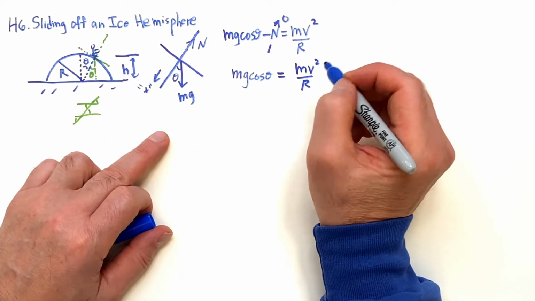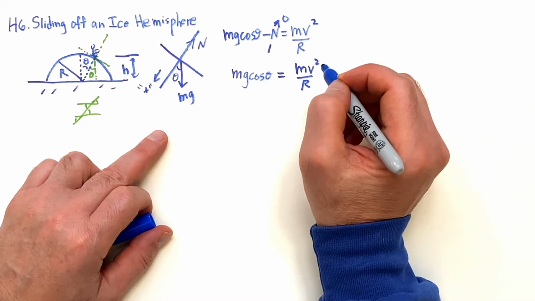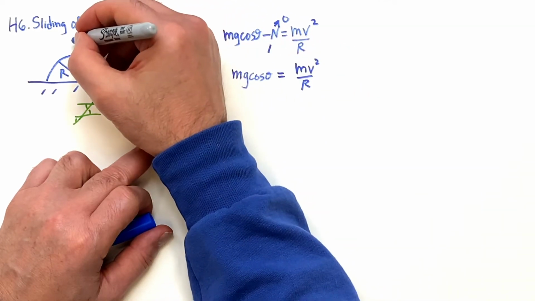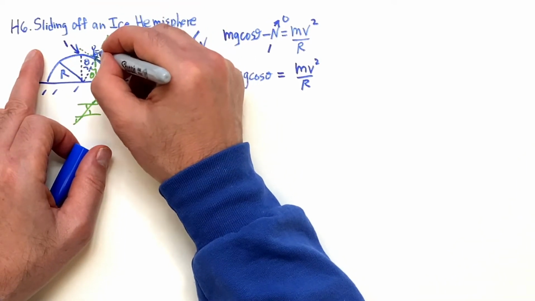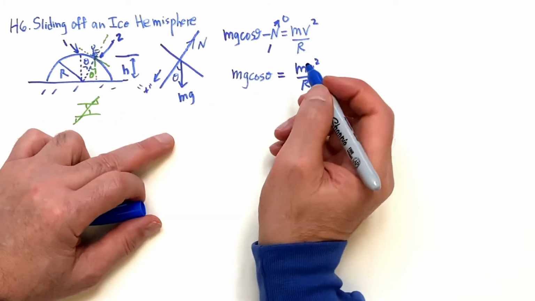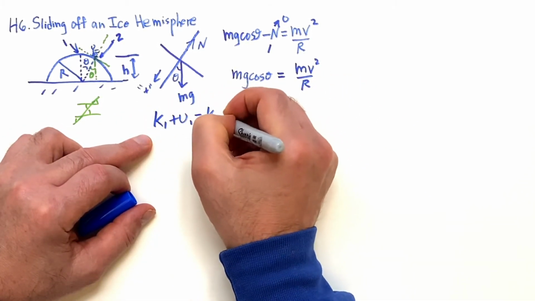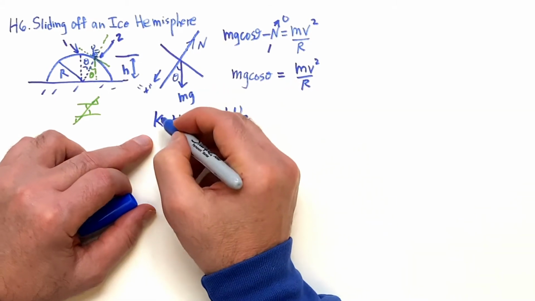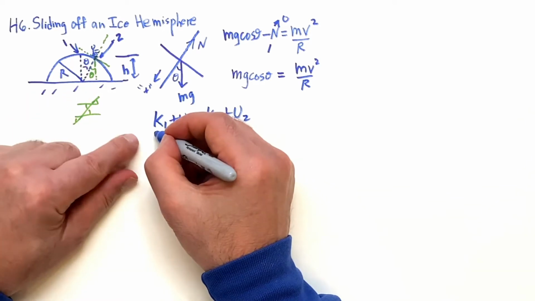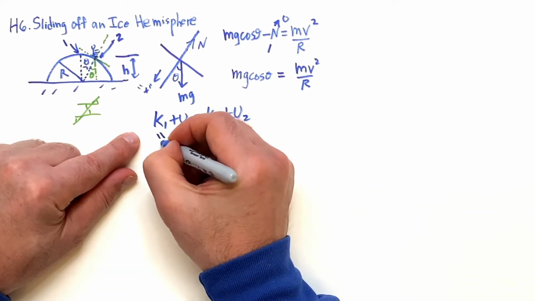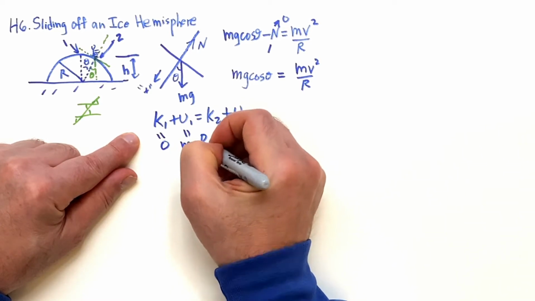Now I need another equation with v to get rid of that v, and that's going to be the conservation of energy. So we'll look at 2 points. Point 1 would be at the top, and point 2 will be here, right when we slide off. So the kinetic energy at 1 plus potential at 1 is the kinetic at 2 plus the potential at 2. Now at the top, you're at the height r, straight up. So there's no kinetic energy because you're at rest. You're going to nudge yourself. So this is mgr.